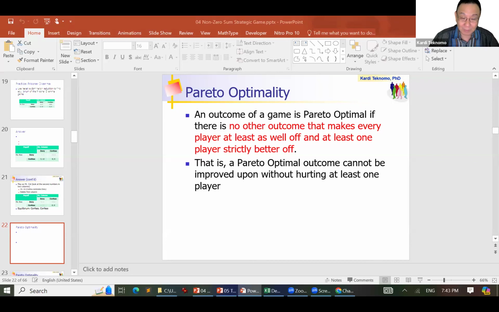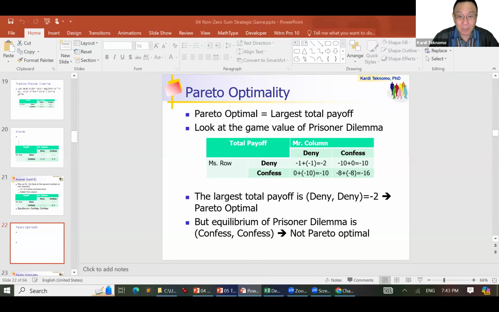So in our game, how do we get it? You simply compute the sum of the total payoff and then take the maximum. In our prisoner's dilemma, the sum here is minus 1 minus 1, which is minus 2. This one is minus 10 and minus 16, right? Of course, the best is minus 2.